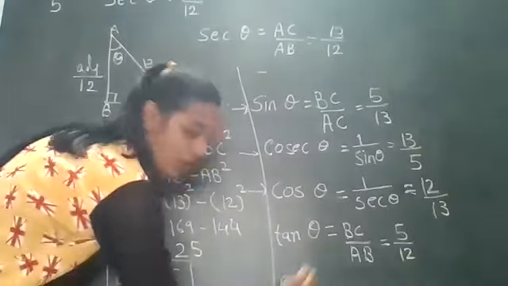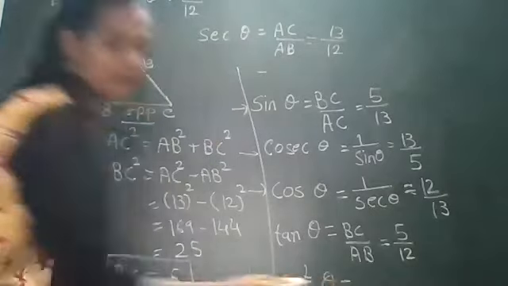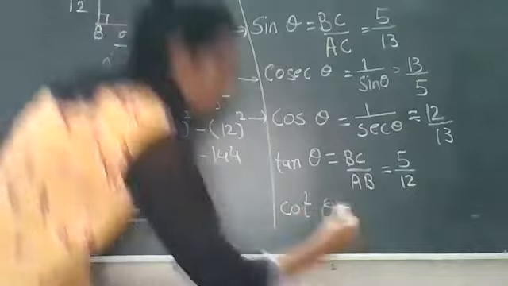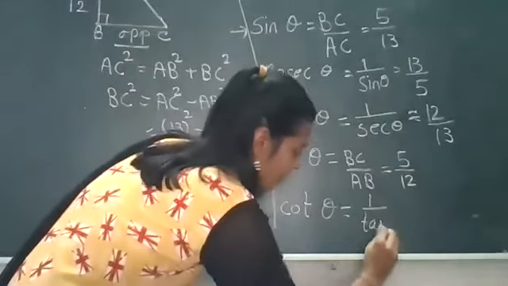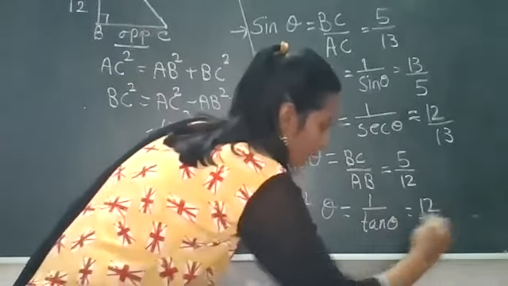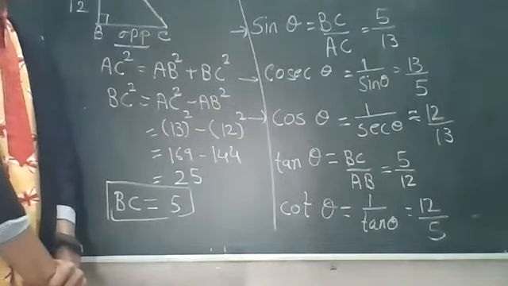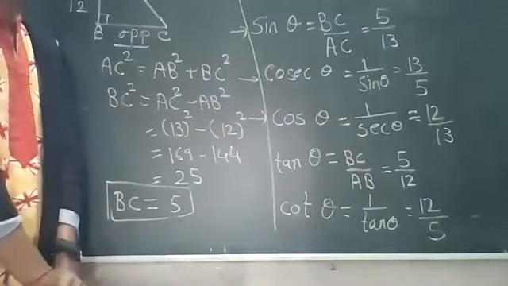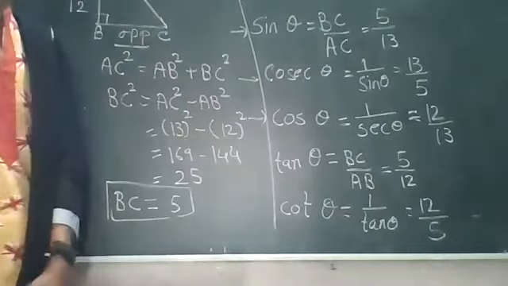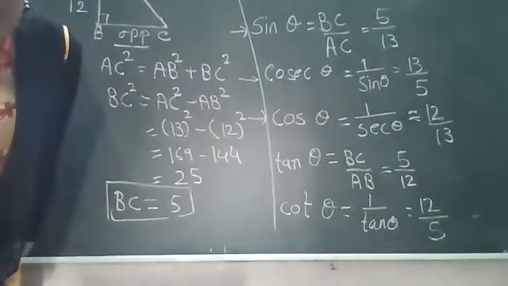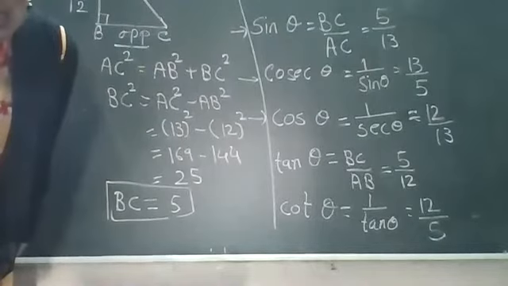And similarly cot theta. So cot theta is equal to 1 upon tan theta is equal to 12 upon 5. Right? Now you can complete this sum in your notebook also.